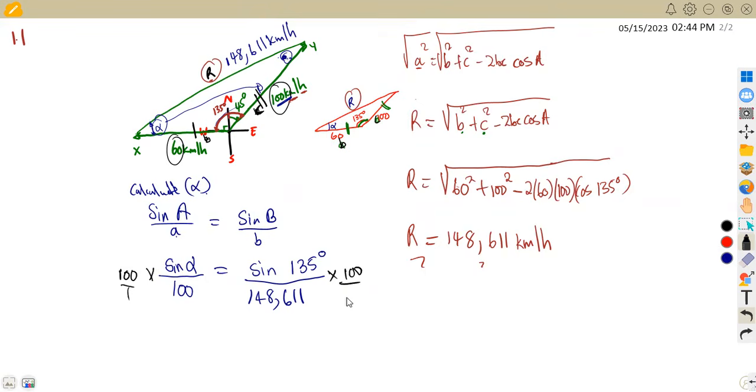If you multiply by 100 over 1, this simply cancels this. You remain with the sine of alpha in this case. So the sine of alpha is going to be equal to 100 times the sine of 135 degrees, everything over 148.611, which is going to remain like that.